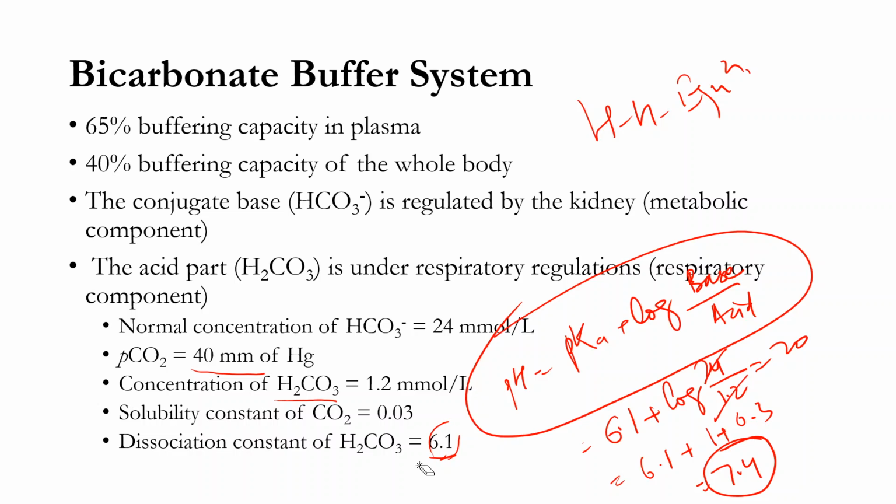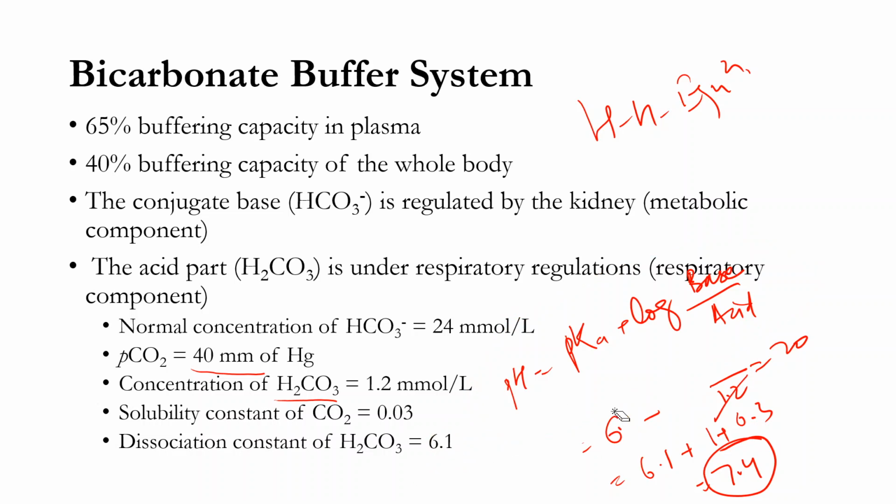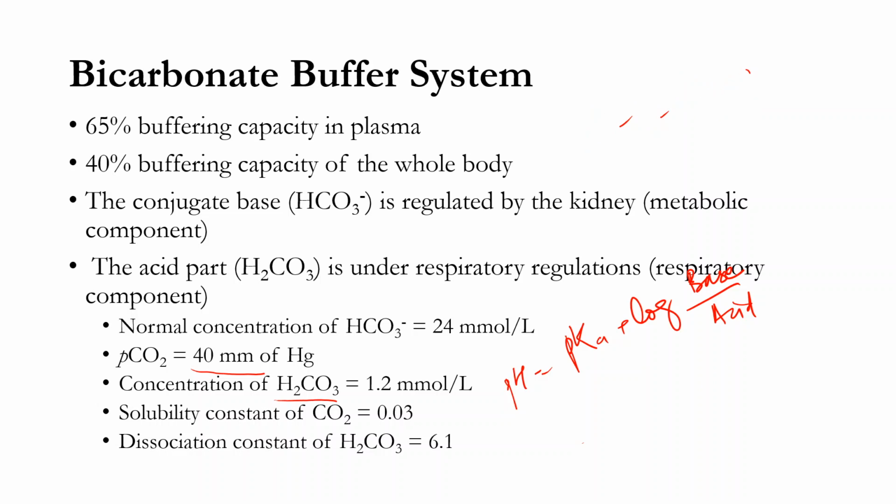Let me again do this calculation, so there will be no more confusion. We know that this is the equation by which we are going to know the pH of the solution. In this equation we need three things. One is the pKa, that is the dissociation constant.